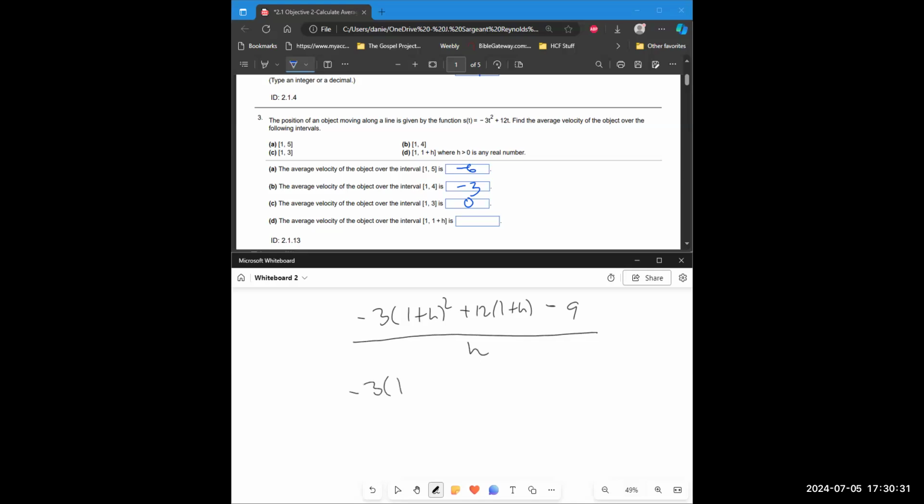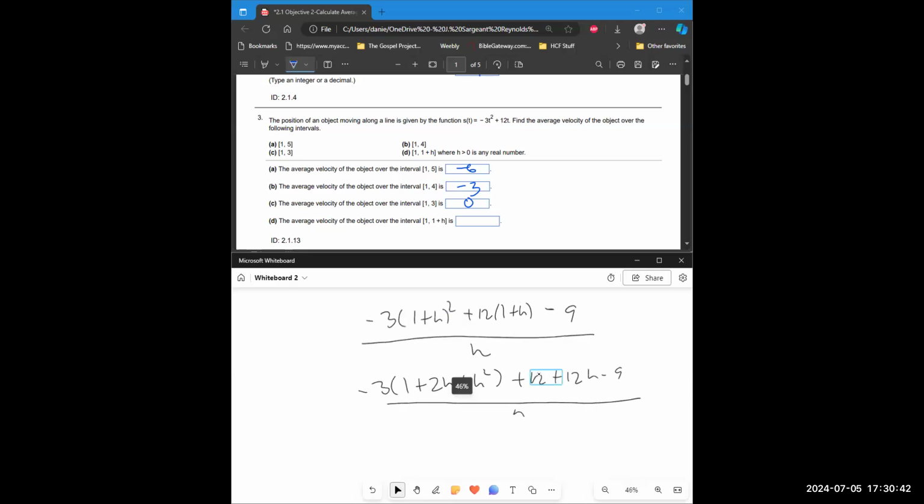Negative 3 times 1 plus 2h plus h squared plus 12 plus 12h minus 9 over h is negative 3 minus 6h minus 3h squared plus 12. Hang on, 12 minus 9 is 3, plus 12h over h. So that should zero out.